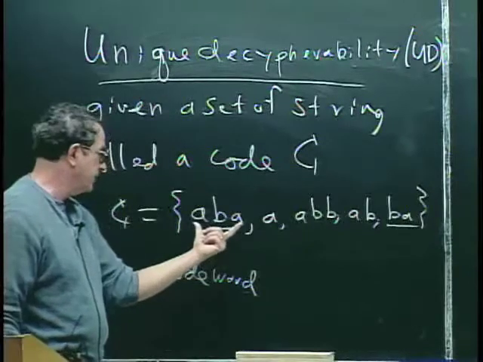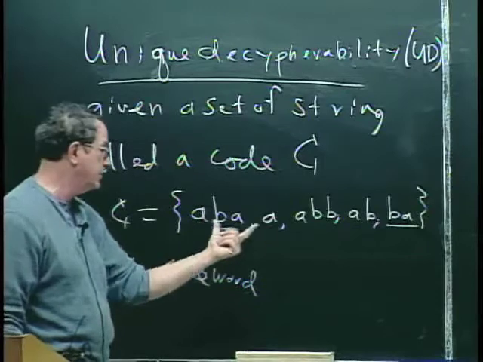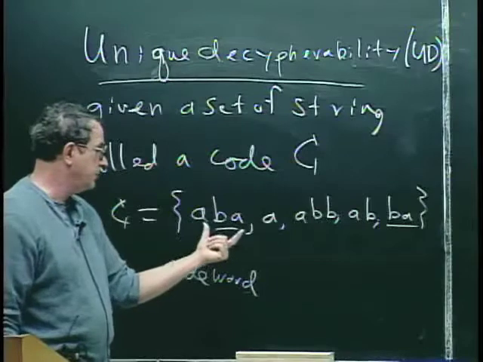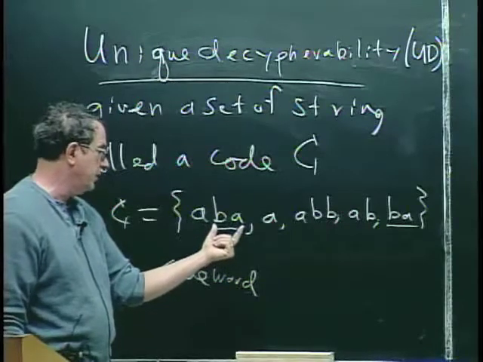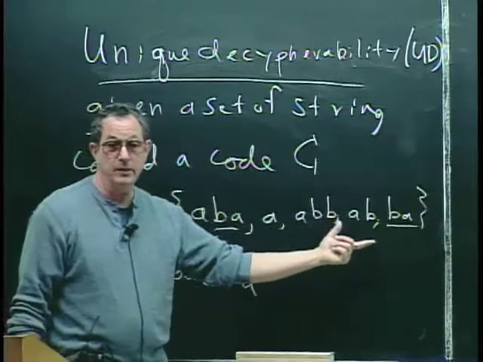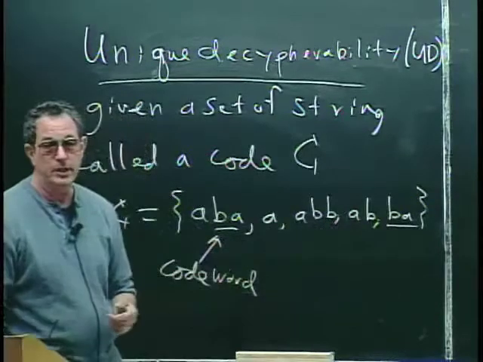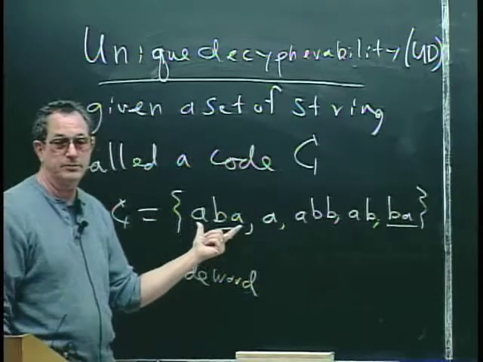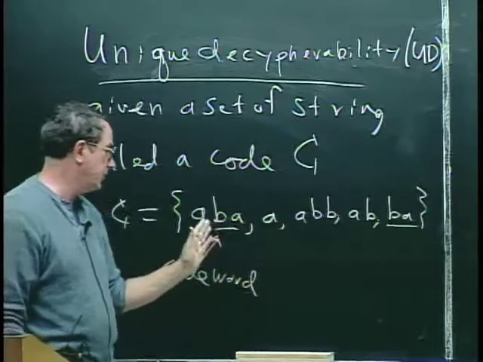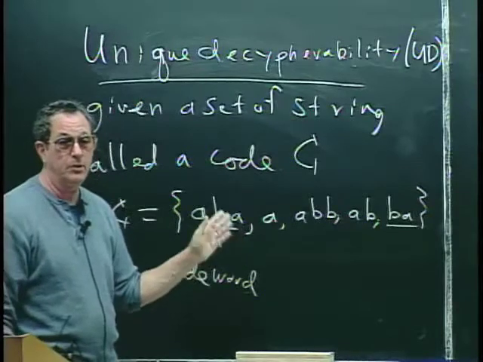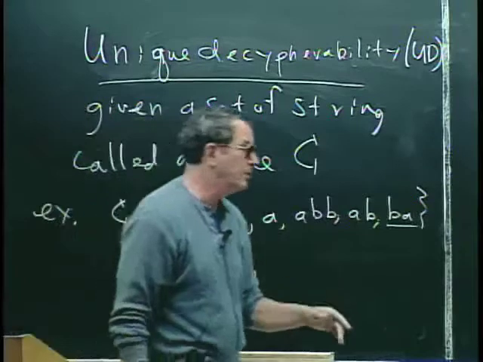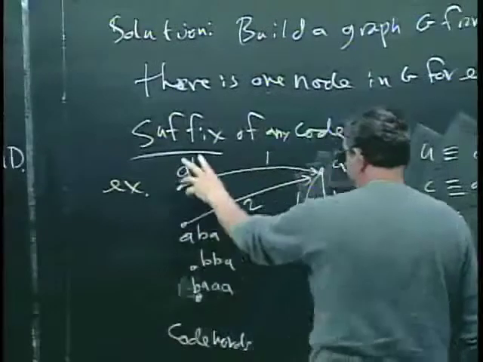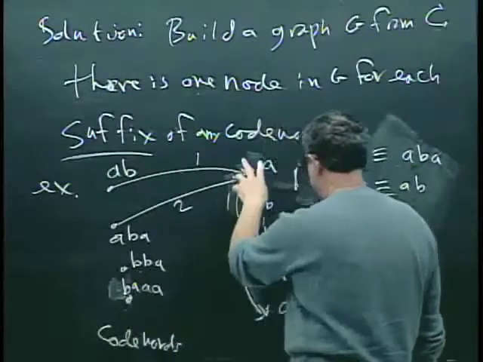So if this is a code word, the code words are the strings that are actually in the code, and the suffixes of code words are all the strings that occur at the ends of the code words, including the trivial suffix, which is the entire code word itself. So it's any substring that runs all the way to the end of a code word. Here we've enumerated, for this set of code words, these are the trivial suffixes also, and these are the non-trivial suffixes.